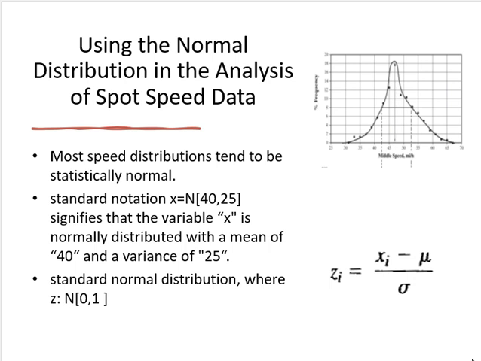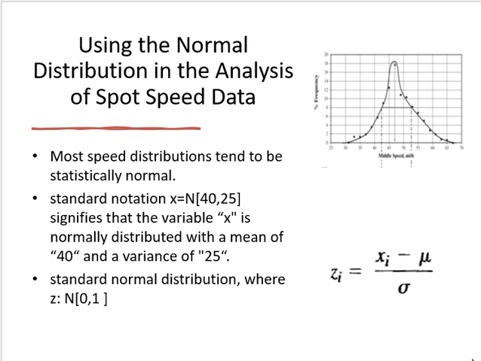So if I have to show someone mathematically that the data follows normal distribution, this is how we do it. X is my data. It follows N. N is what? Normal distribution.